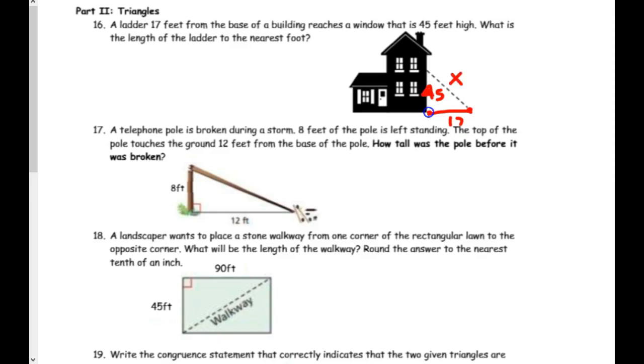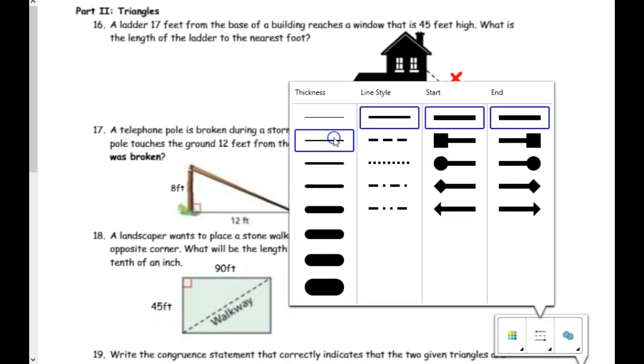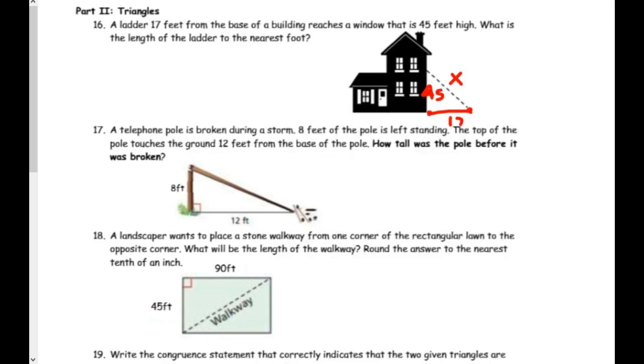So we'll call this X over here. So we're going to have to use our favorite thing, Pythagorean Theorem. a squared plus b squared equals c squared. It's going to be 17 squared plus 45 squared equals x squared.